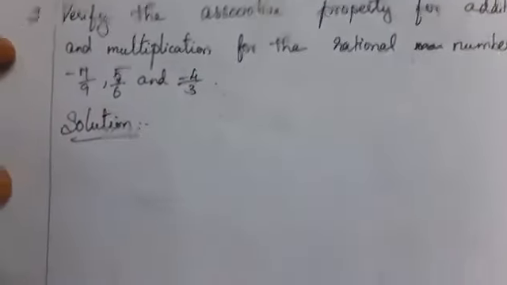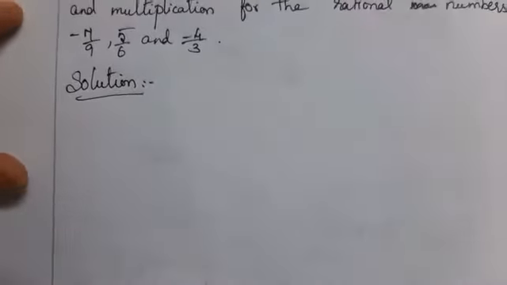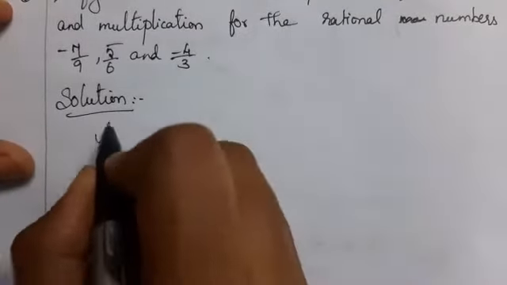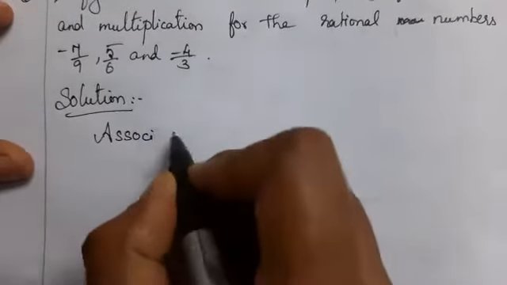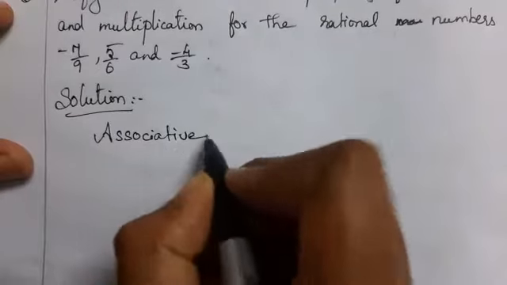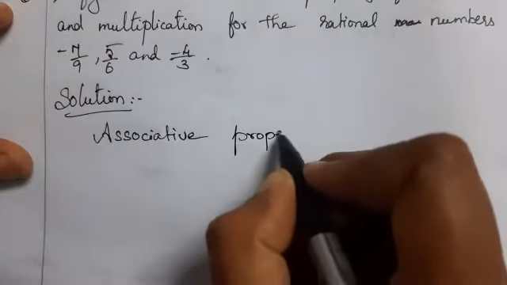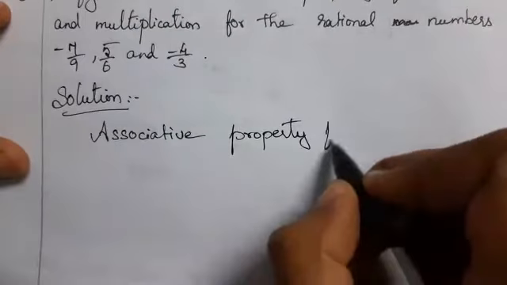Third question, verify the associative property for addition and multiplication for the rational numbers. Associative property for addition.